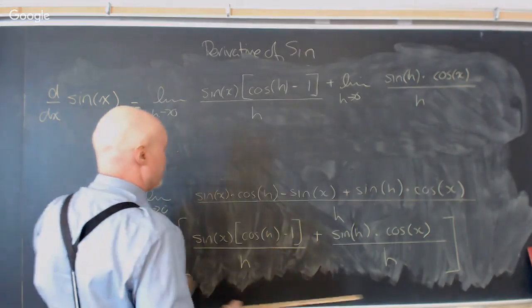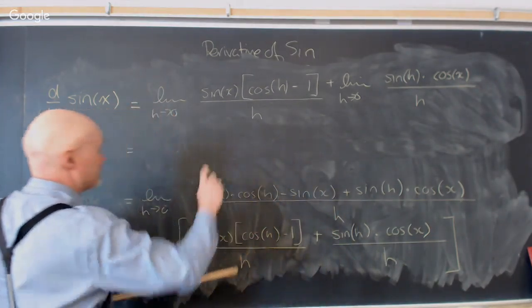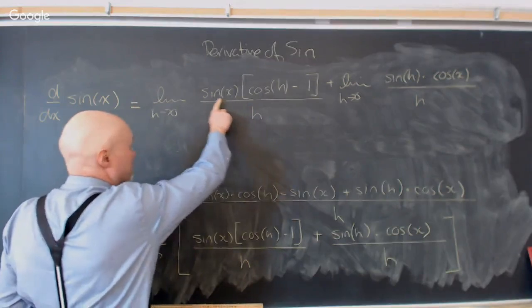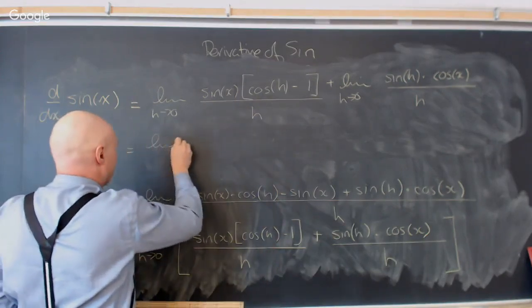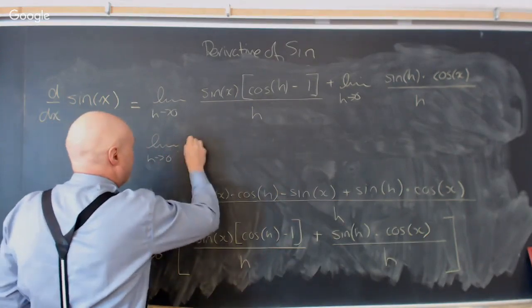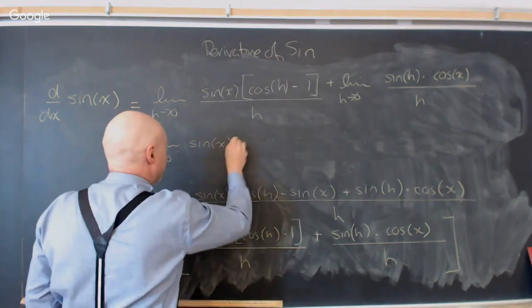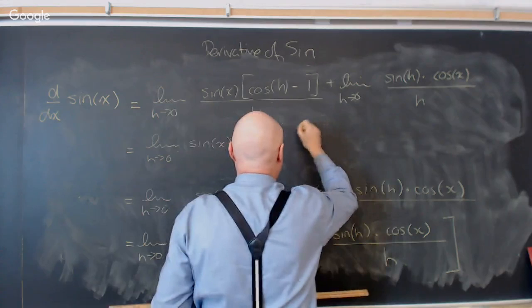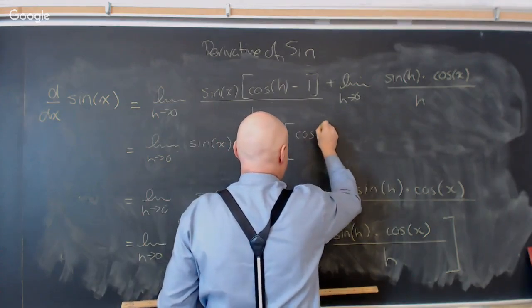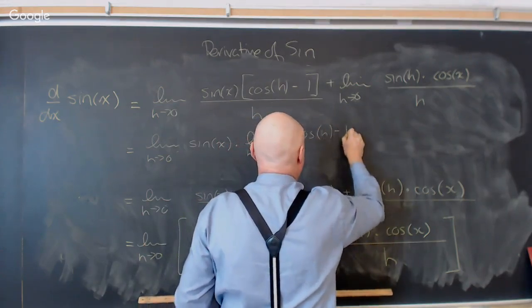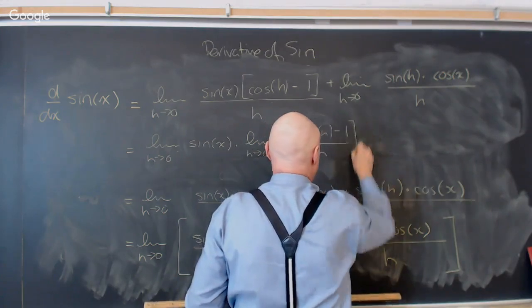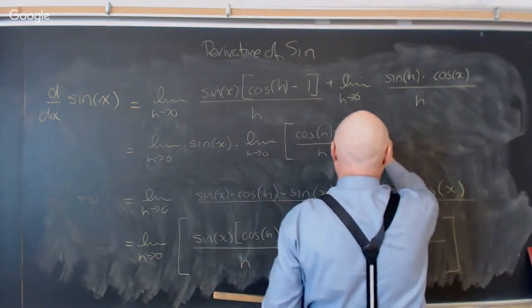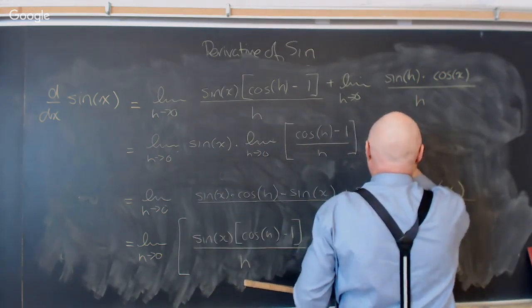And similarly, the limit of a product is the product of the limits. So I'm just going to break these apart. I'm going to do the limit as h goes to 0 of sine x times the limit as h goes to 0 of cosine of h minus 1 over h. And very sneakily, I know what that limit is.